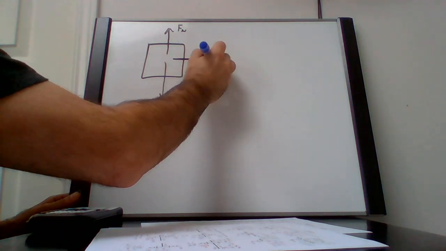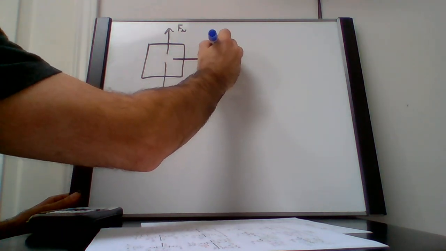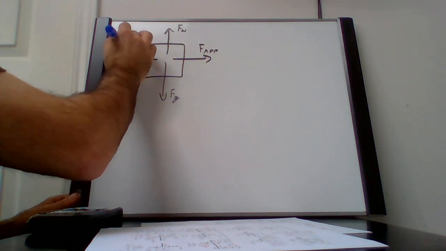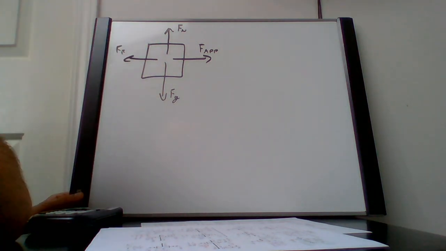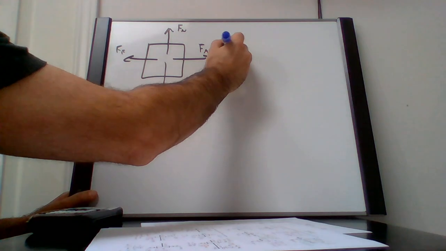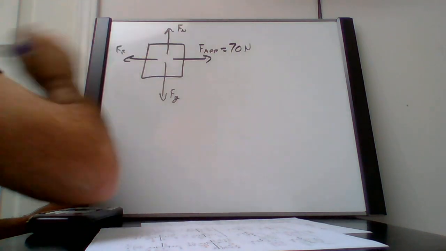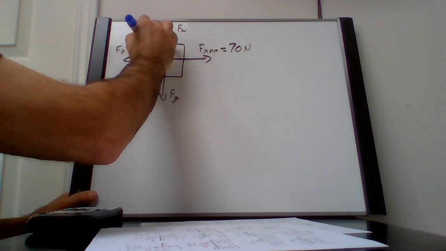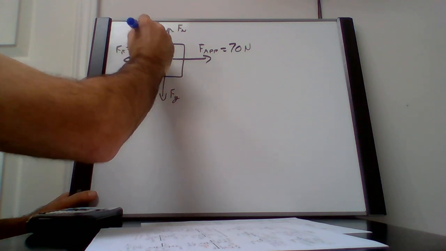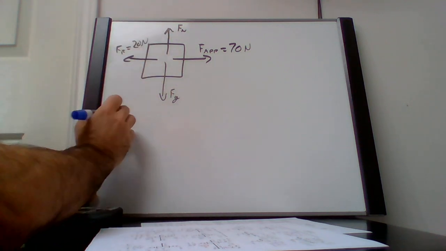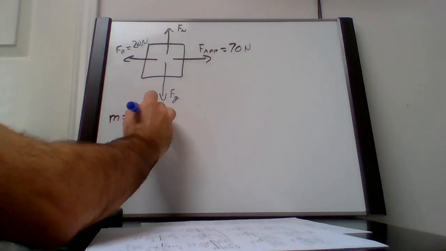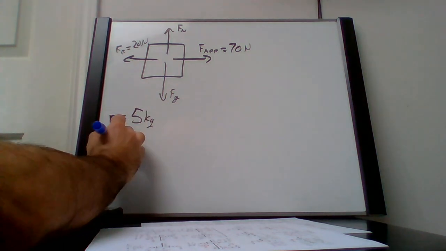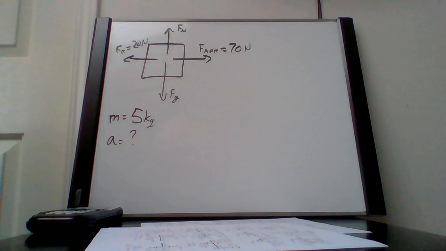We have an F applied. We have a force of friction. Our F applied is 70 newtons. Our force of friction is 20 newtons. We're told we have a mass of 5 kilograms, and we are trying to find the acceleration of this object.